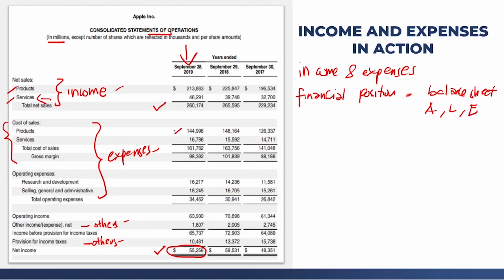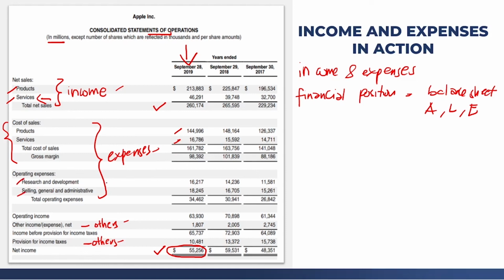And the cost of the services, directly related to the services being rendered to the customers, is $16 billion. Other expenses of Apple include research and development, general and administrative expenses, and selling expenses.